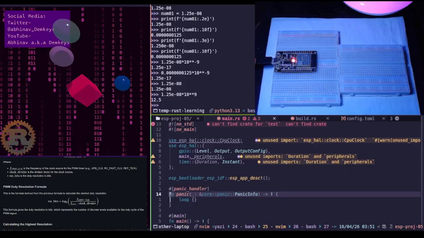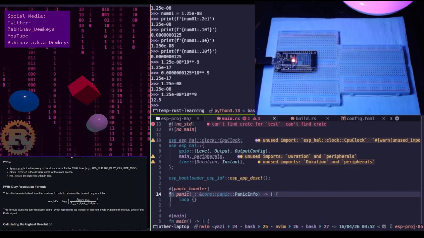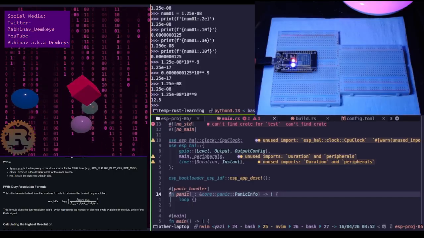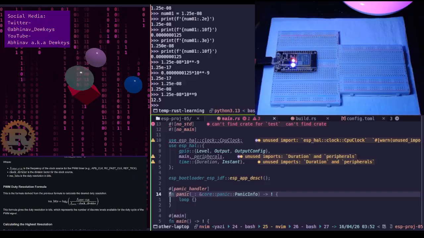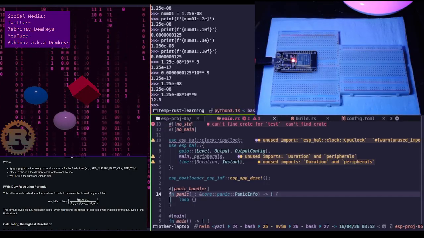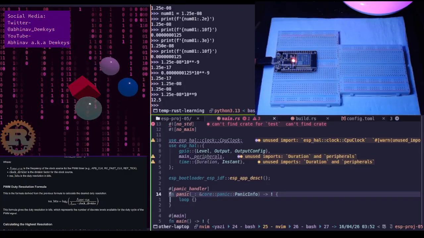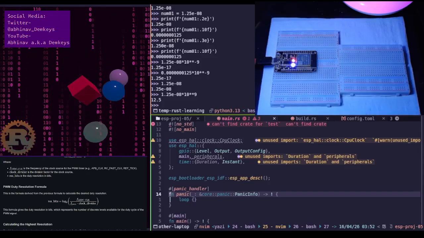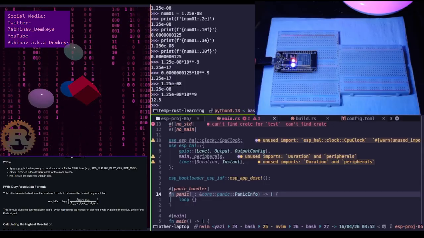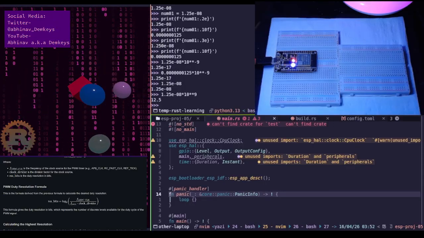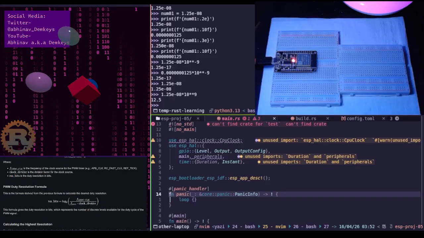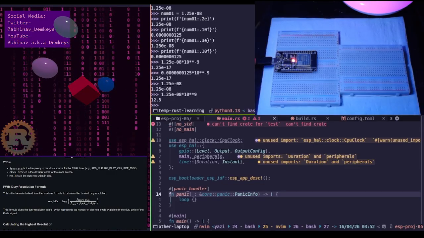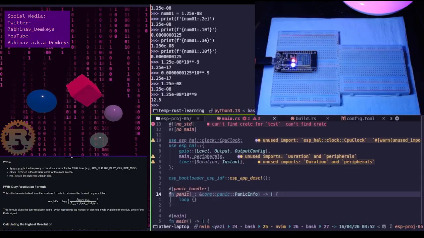Okay. CircuitJS, GitHub. Okay, CircuitJS 1.